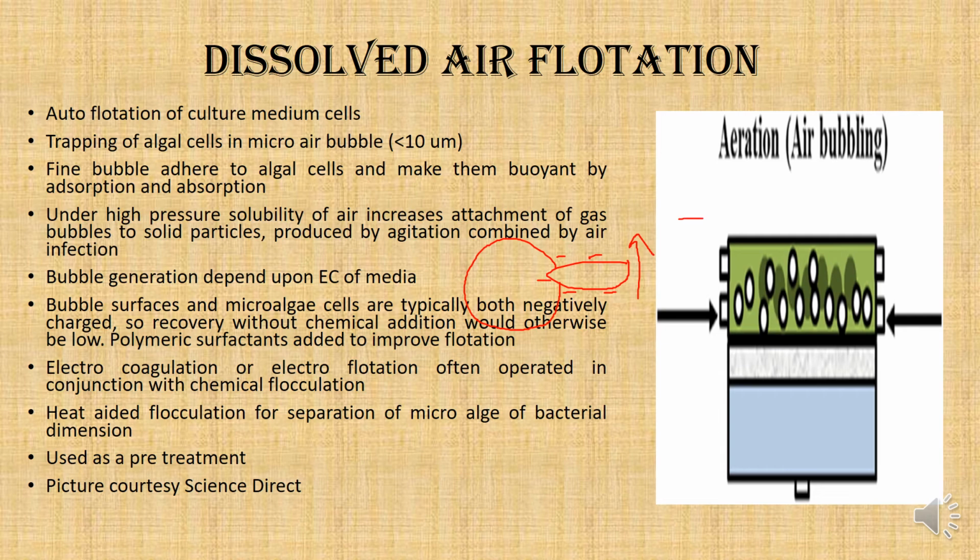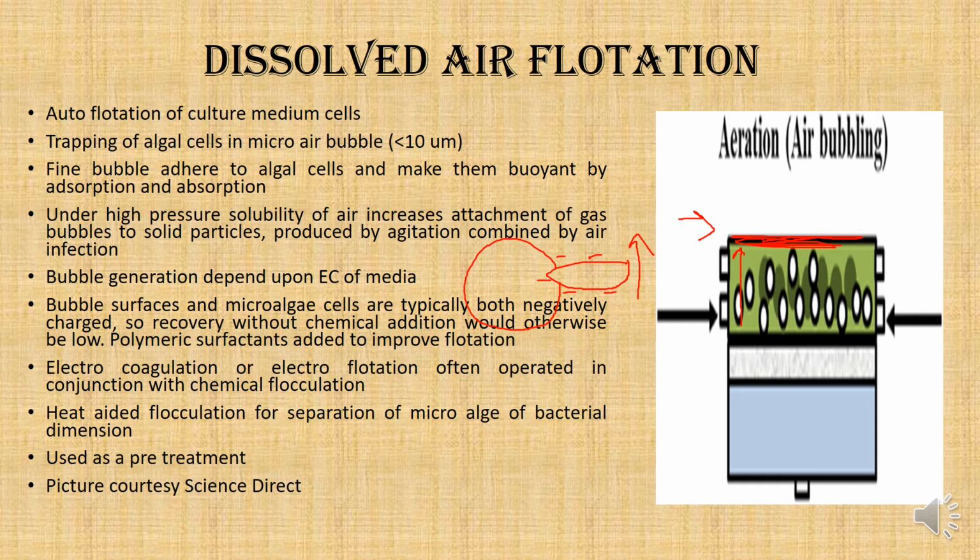For example, in this diagram, air is injected inside the algal slurry, and the bubbles attach to the algae and rise to the top as a surface layer of scum, because they are attached to the air bubbles.